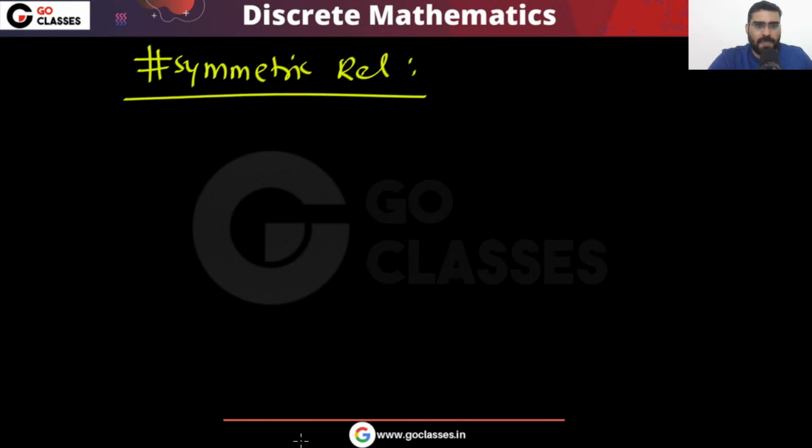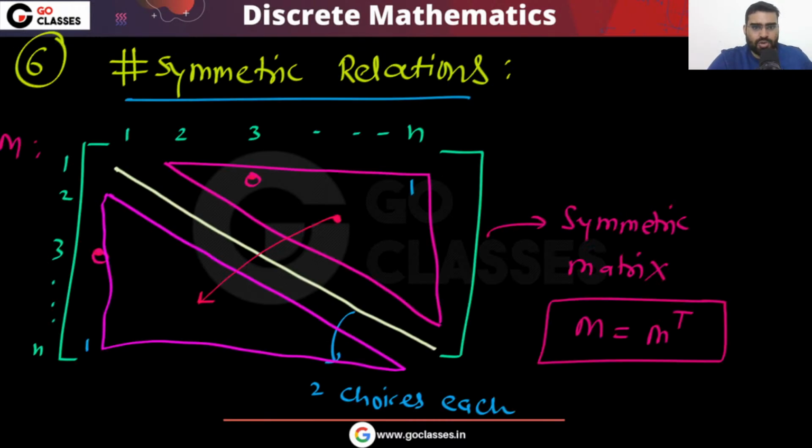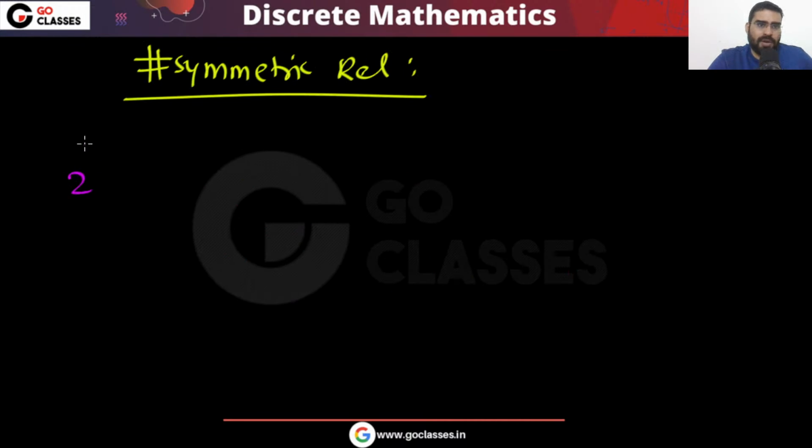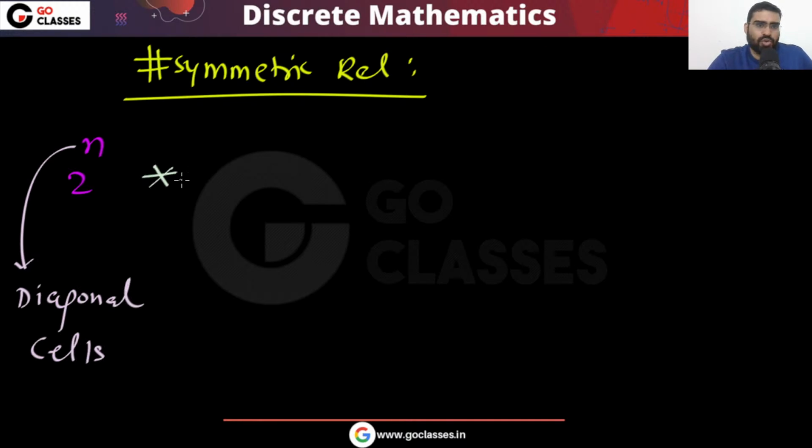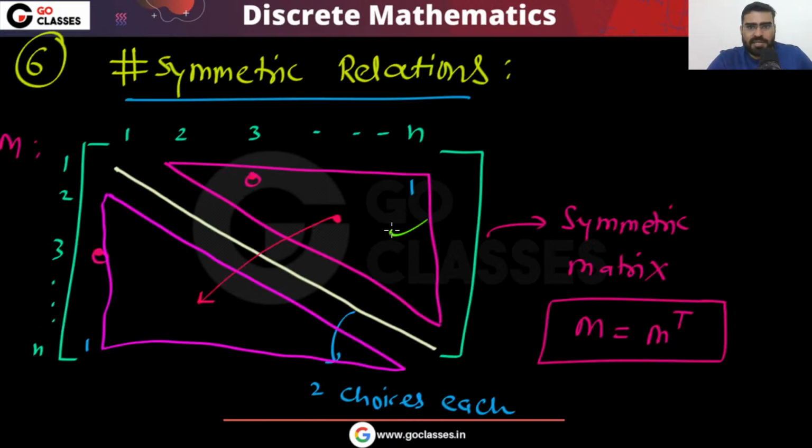We want the number of symmetric relations. Every diagonal element has two choices, so I can say 2 power n. These n are the diagonal cells. Now how many elements are in this area?